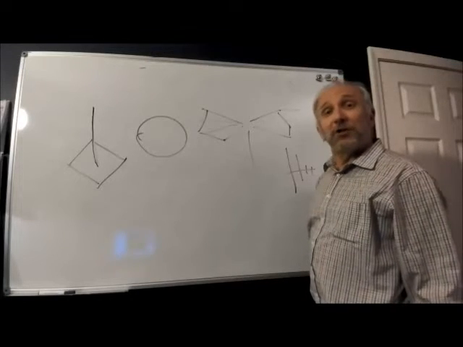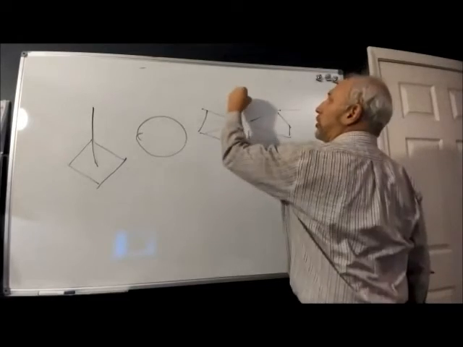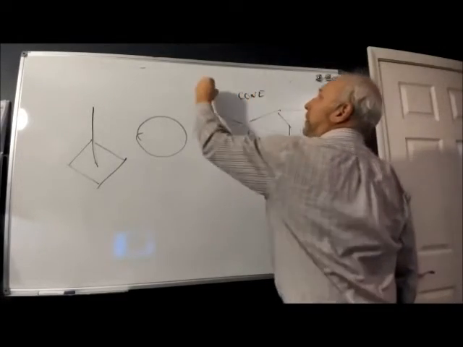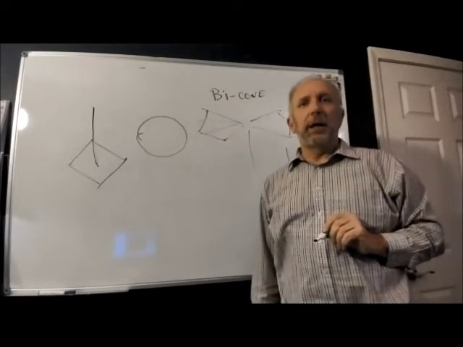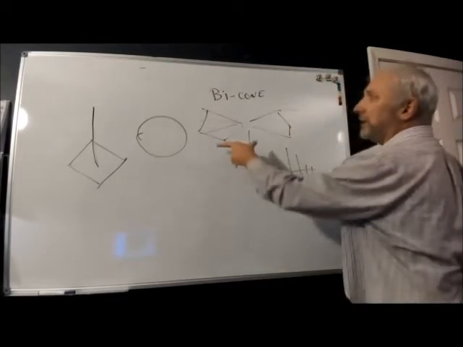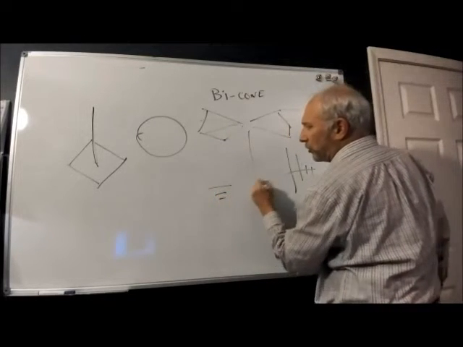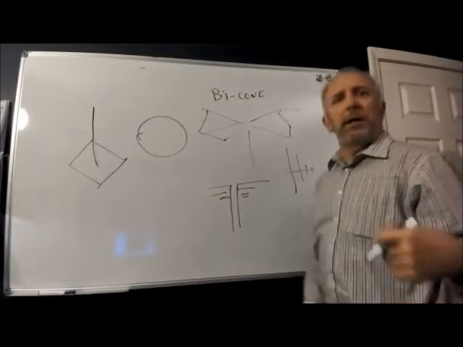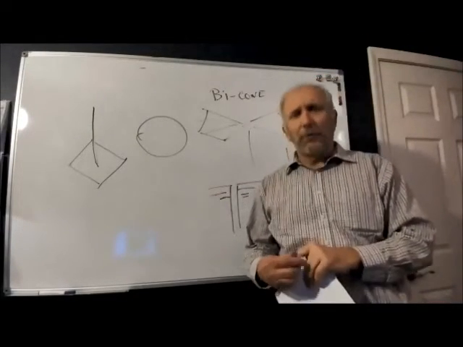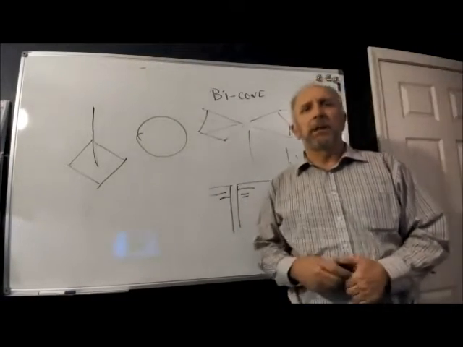What's interesting is the way these are supposed to work, this actually looks like two cones, so it's called a bicone, or in other words, a biconical antenna. What's interesting about a biconical antenna is it effectively looks like a number of different length dipoles in parallel, which of course would be effectively resonant over a very, very wide frequency range. We use those all the time in EMC. Yes, we do.